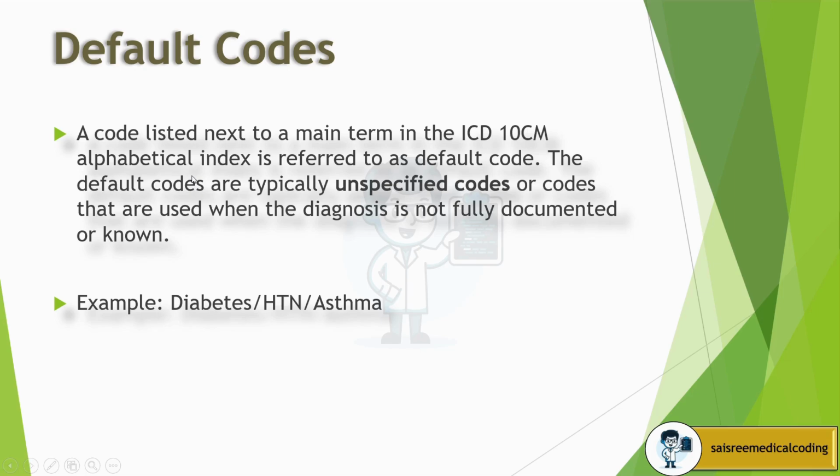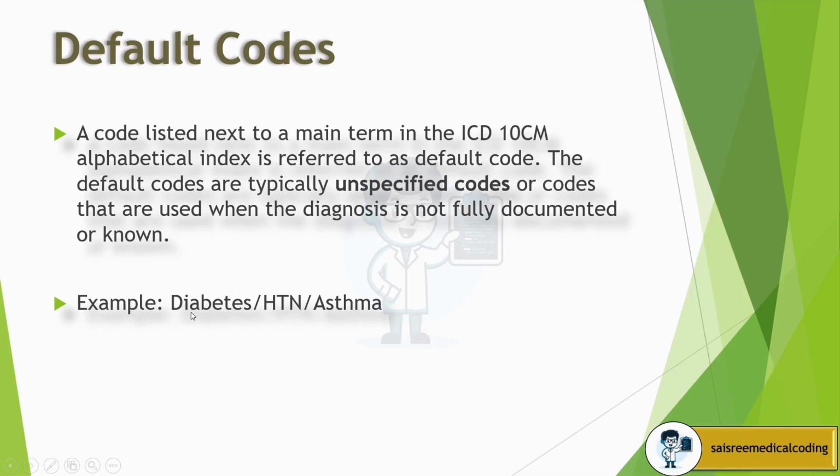For example, if I mention a diabetes code, it is without a specification. If I indicate diabetic neuropathy, there is a difference between diabetic neuropathy and diabetes. Diabetes is without a specification; diabetic neuropathy is with a specification. Default codes are nothing but codes without a specification.